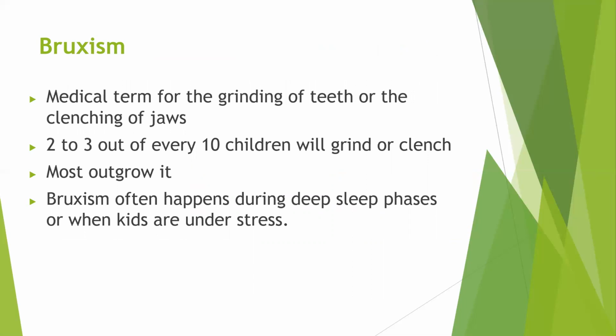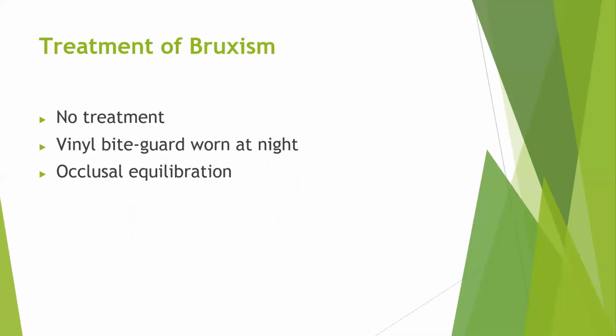Most will grow out of it. Bruxism often happens during sleep phases when the kids are under stress. There usually is no treatment for bruxism. A vinyl bite guard worn at night can be done, but we generally wait until the child is older, like 7 years old or more.